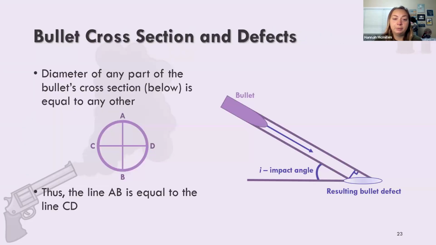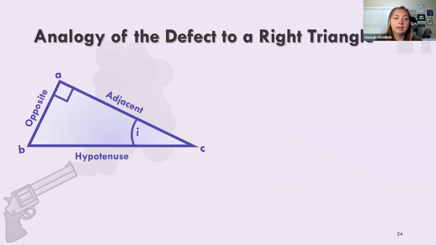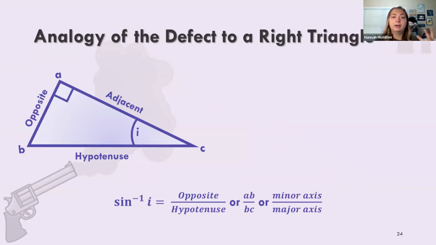So coming back over here, we can see that we have our hypotenuse, opposite, and adjacent, forming our right triangle. And then we remember inverse sine of our impact angle is opposite over hypotenuse, or AB over BC, right? So AB over BC, or our minor axis over our major axis.